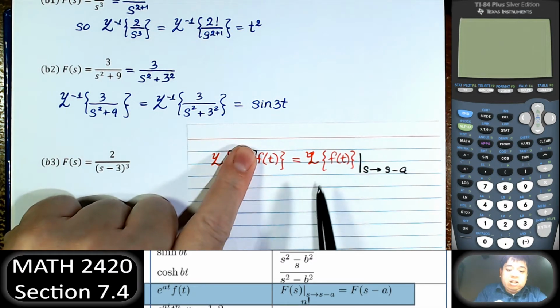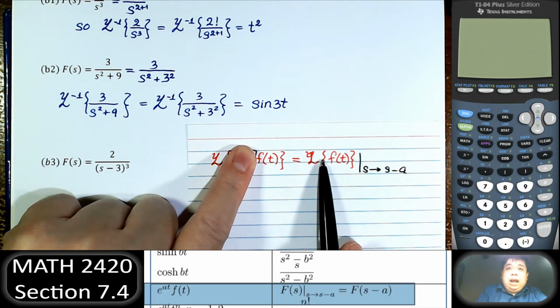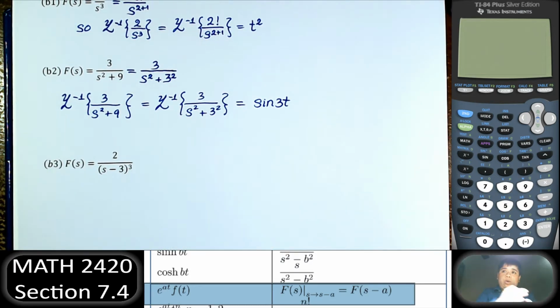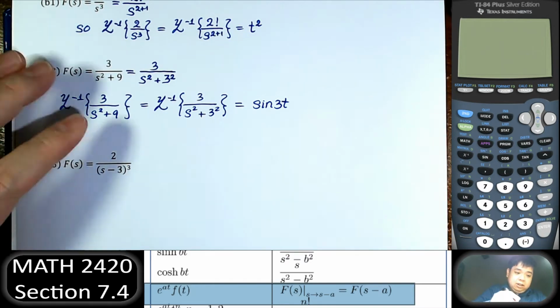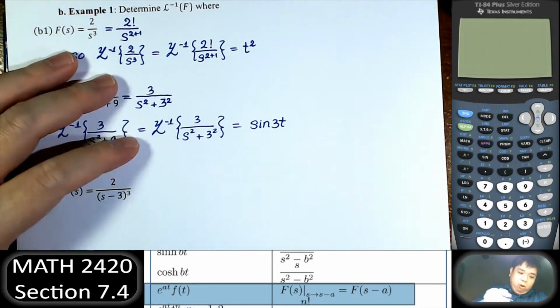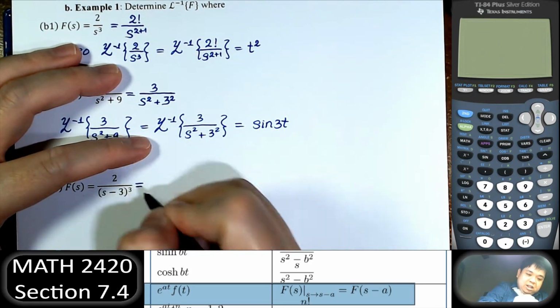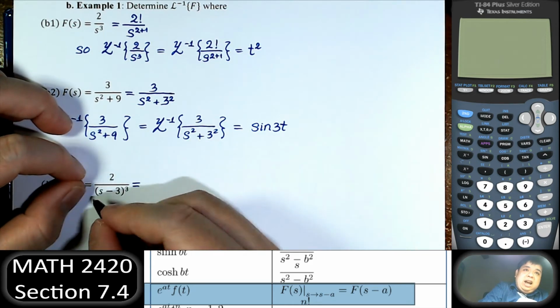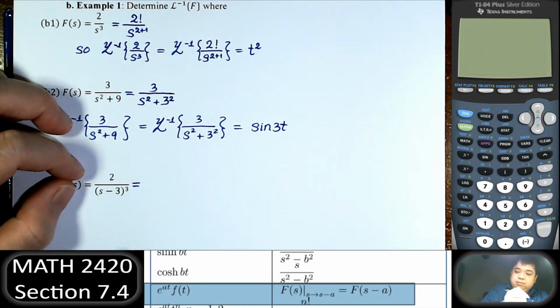Just ignore that, transform the function, and at the end replace s by s minus a. Now the inverse Laplace transform, we have to do this in the opposite way. By opposite, I'm not meaning positive or negative, I mean in the reverse direction.